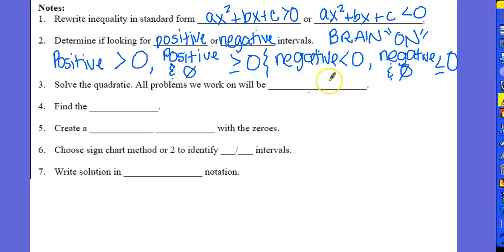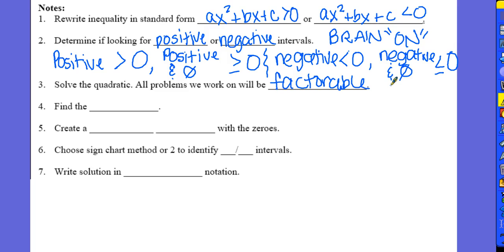Okay? So now what we're going to do is solve the quadratic, and for the next, I don't know how long, our quadratics will always be factorable, because we don't want to gum it up with imaginary answers and decimal approximations. We want exact, beautiful answers. So for math analysis purposes, we will always have factorable ones.